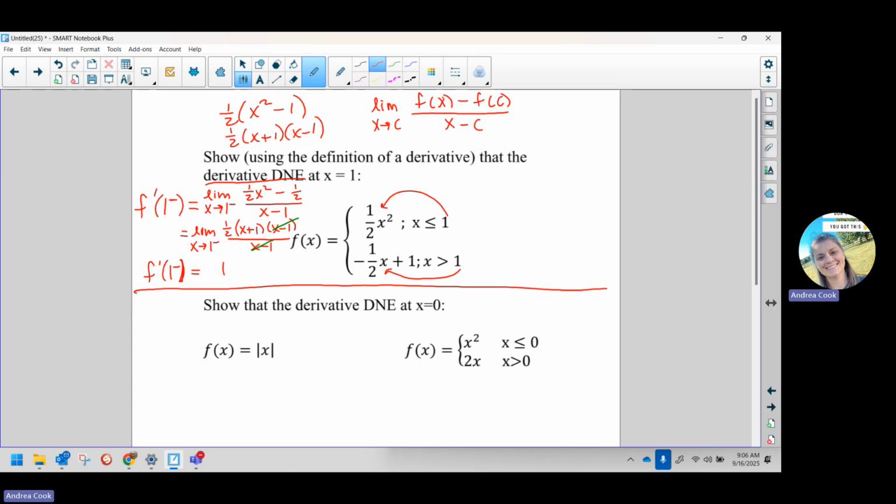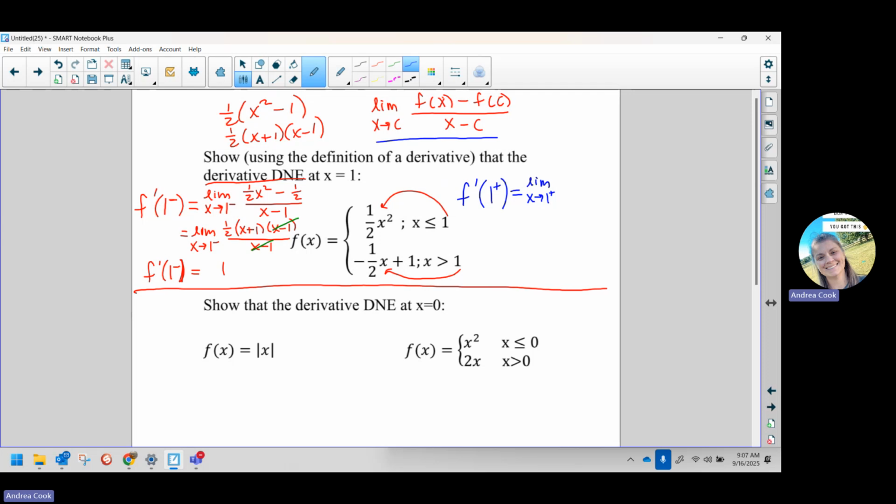Yep. All right, so now I'm going to go to the other side and find the derivative. Is that blue okay? Okay. One from the right, so I'm going to use this same form. I'm going to find the limit as x approaches one from the right.